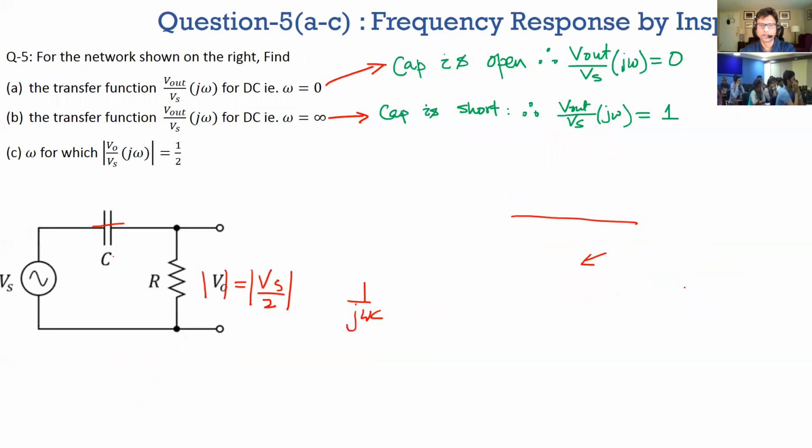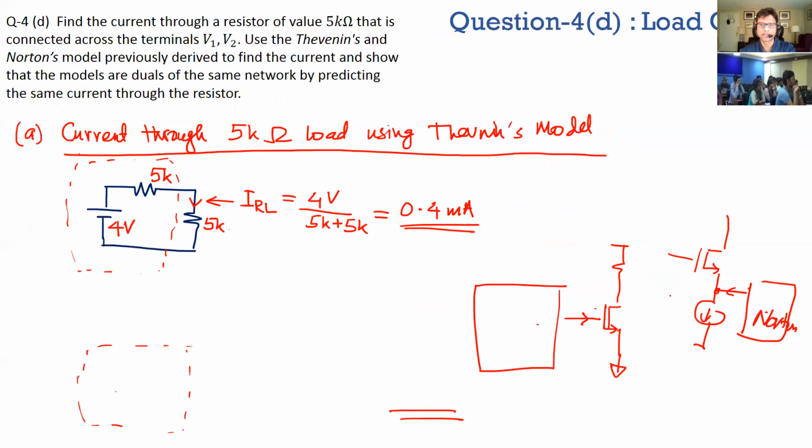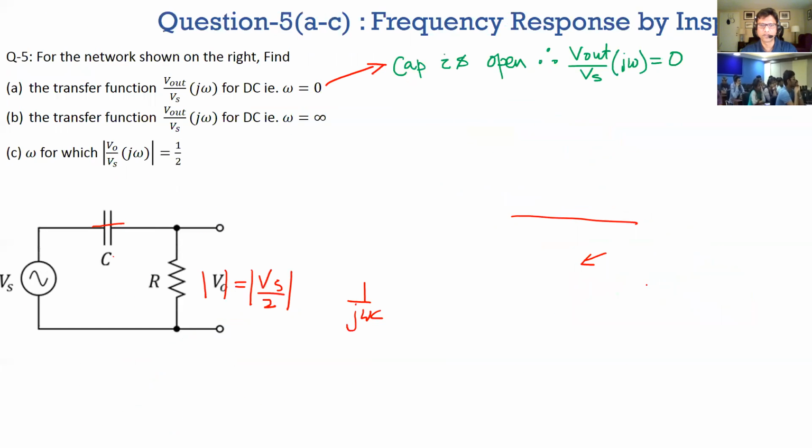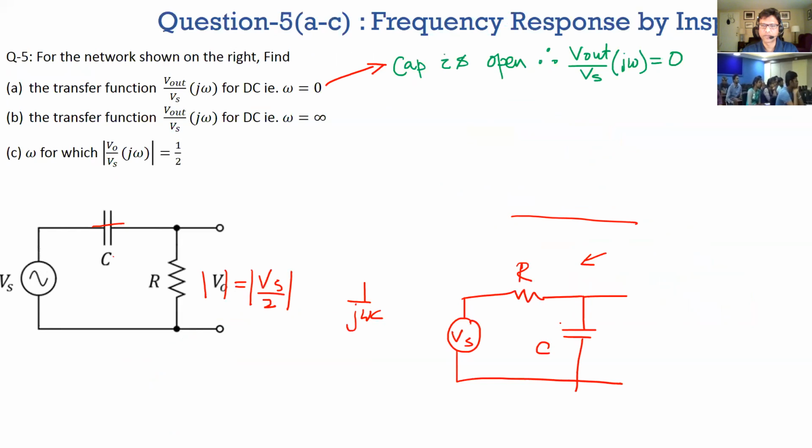Like when I give you this, you should be able to do it by inspection over here. For example, if I give you the same circuit, but if I give you an RC circuit like that, I can ask you these exact same questions. So what is the response going to look like? So you go through the same mental exercise again, right?